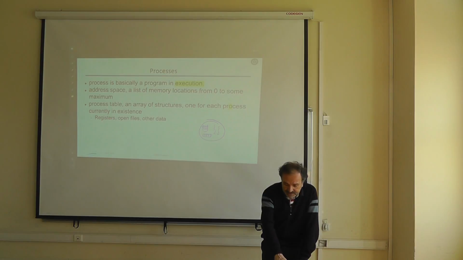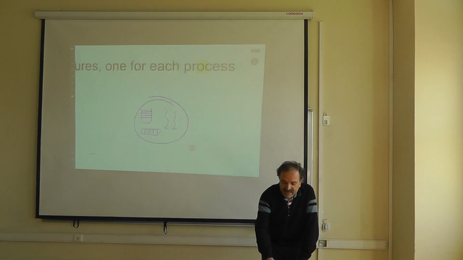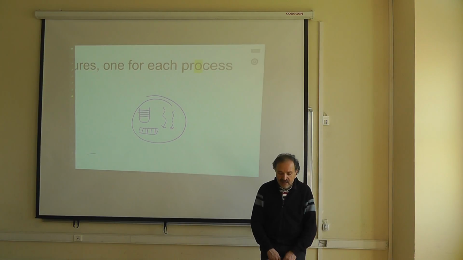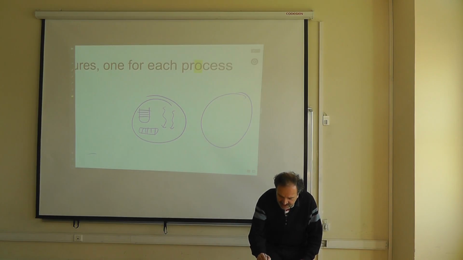So each process has its own address space. That means that when this program says that I am accessing the memory location 0, and this one says that I am accessing the memory location 5, they know where they are accessing. But if I have another process, it has its own data structures and data, it has its own threads.